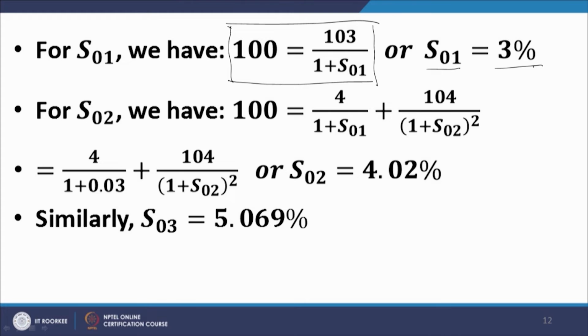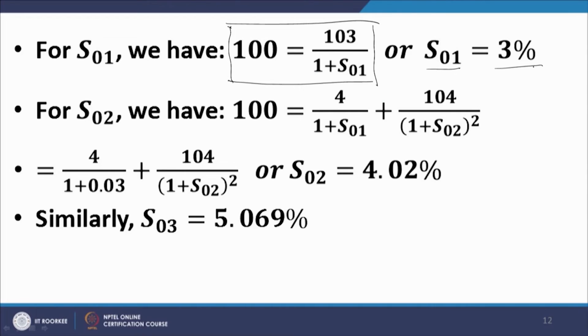Now, let us work with the 2 year par rate. Again, the 2 year par rate is given to us as 4%. Therefore, if we have a 2 year bond with a coupon rate of 4%, then that bond should be quoting at par with the given spectrum of spot rates. This gives us this particular equation.